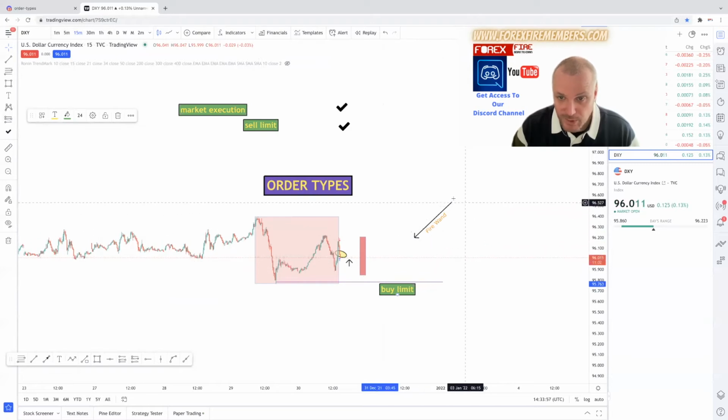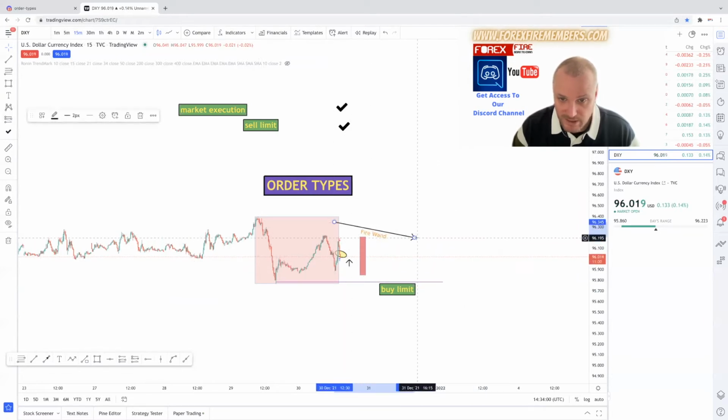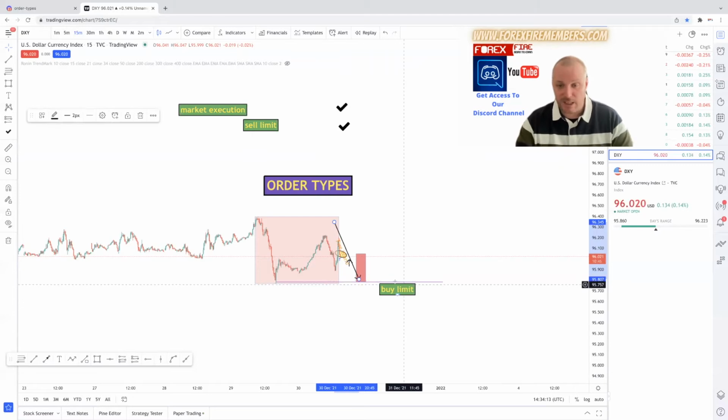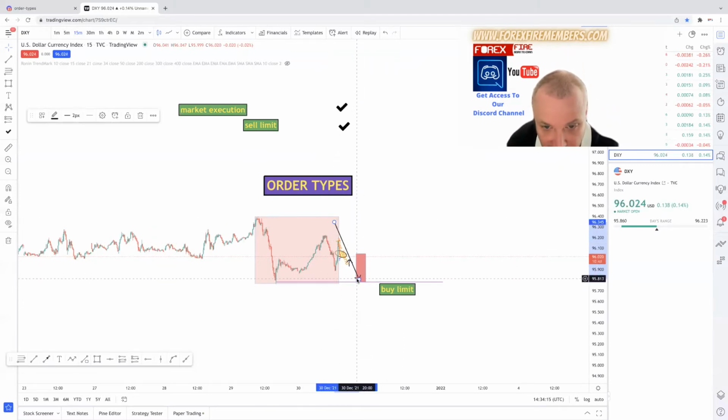We would be waiting for price to basically push itself from where it currently is, wait for it to do what it needs to do, and again, it would not become active until it completely hits this area. When it hits this area, your buy limit becomes active.